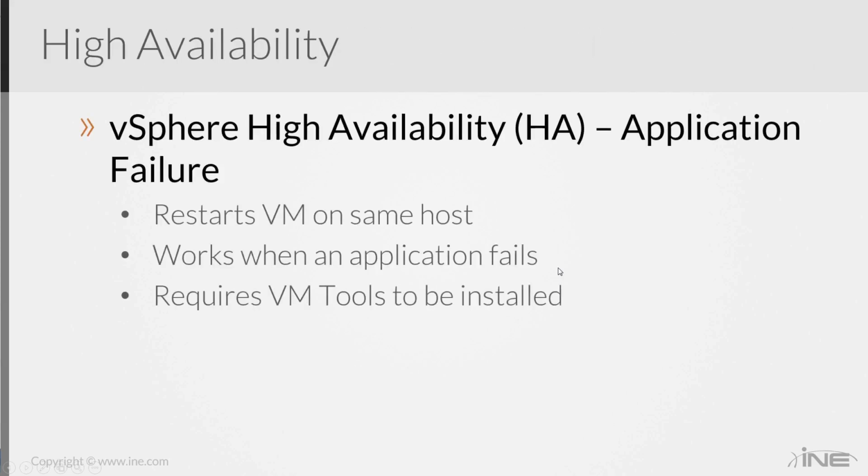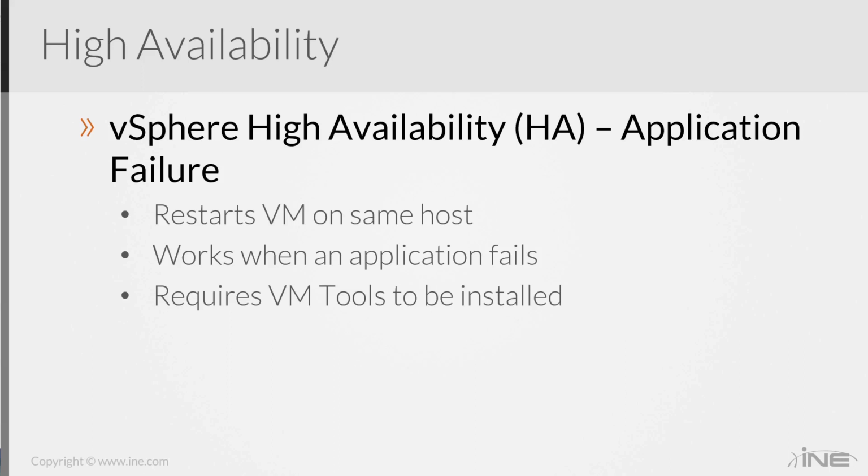Next, we have HA and application failure. As with the guest OS failure, application monitoring on a VM also requires the VMware Tools installed in a virtual machine. With HA application monitoring, the HA agent on the host can monitor the heartbeat running in that particular VM.